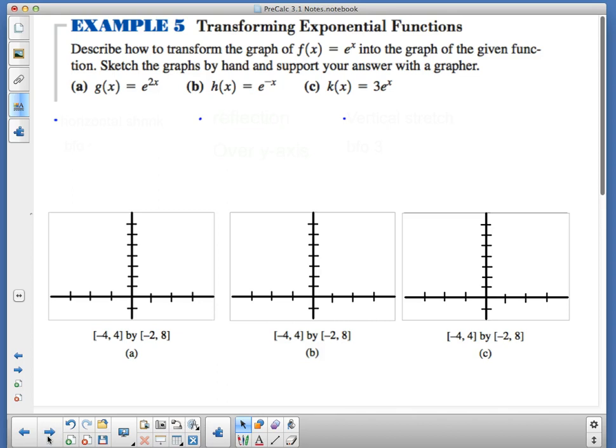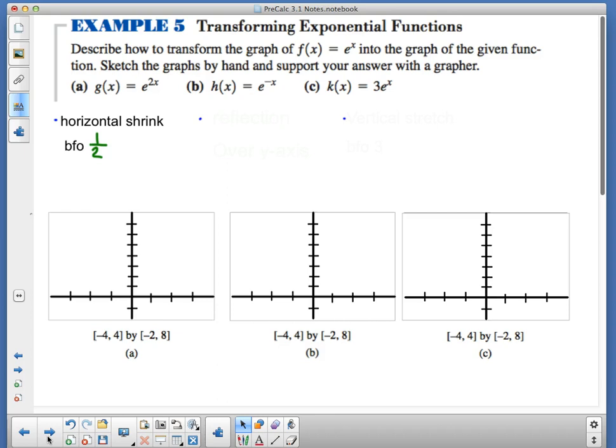Okay, first thing. What's happening here? Is it a stretch or compression? It's 2. The 2 is inside. Horizontal shrink by a factor of a half. Remember, inside the function, it takes on the opposite of what you think.